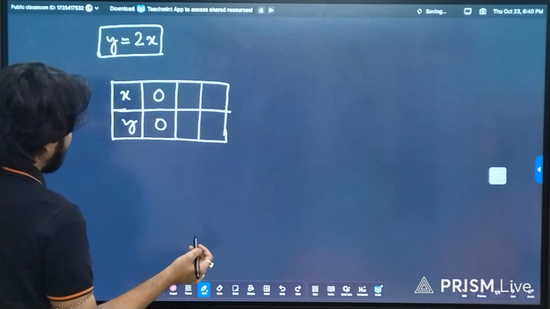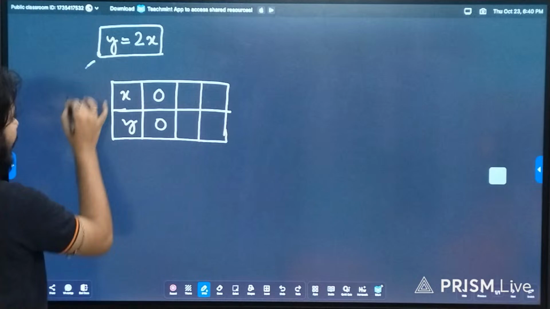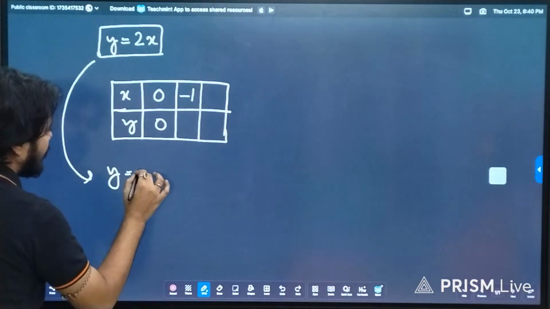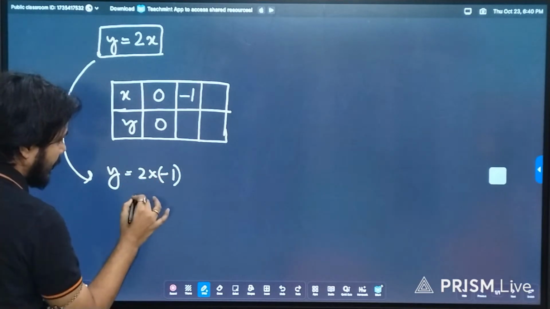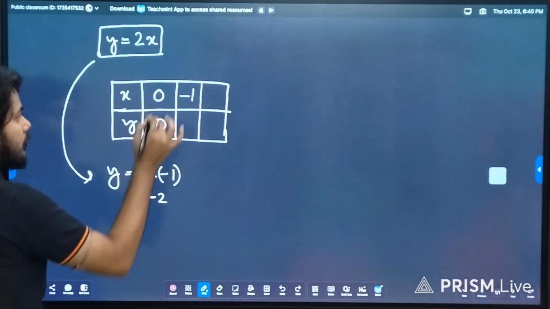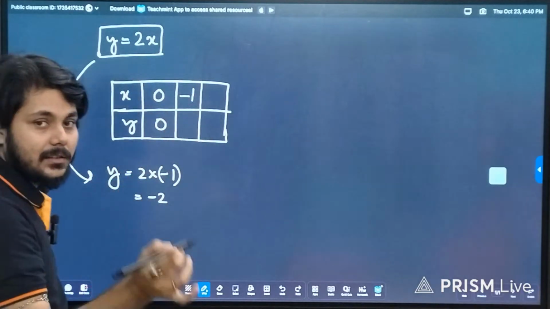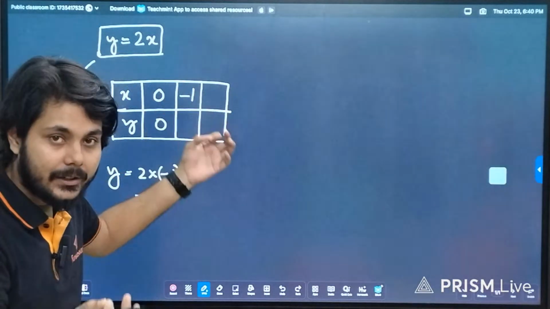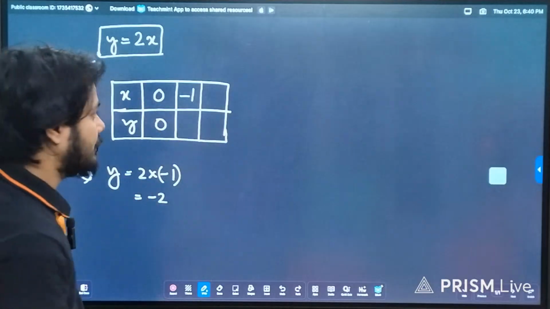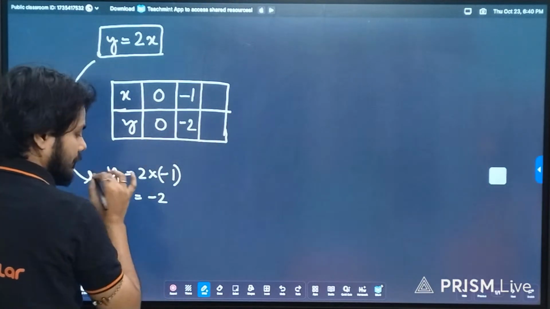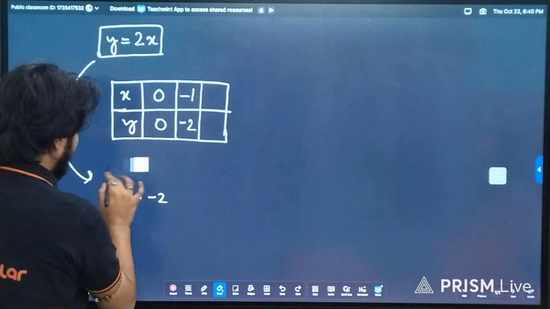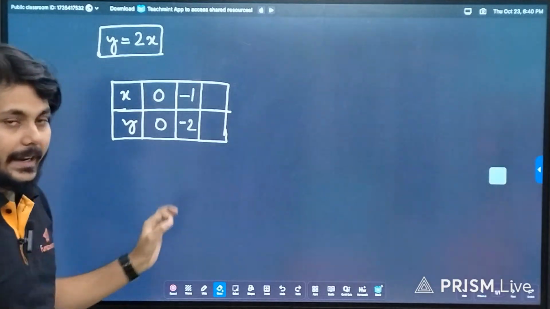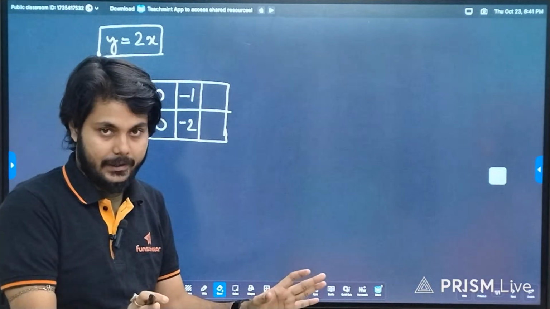Now suppose you are taking the value of x as minus 1. So y will be 2 into minus 1, that will be minus 2. So if you put the value of x as minus 1, you will get y as minus 2. You can take any value of your perspective.